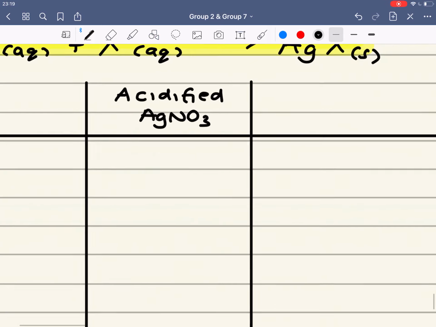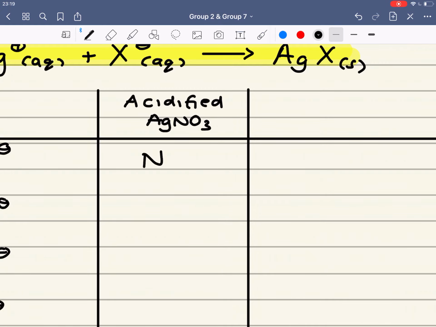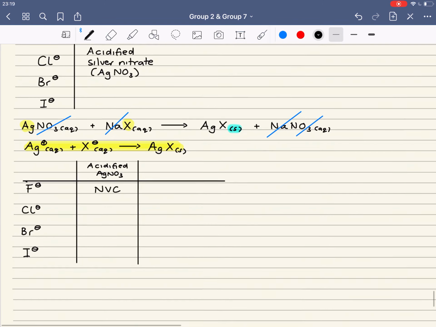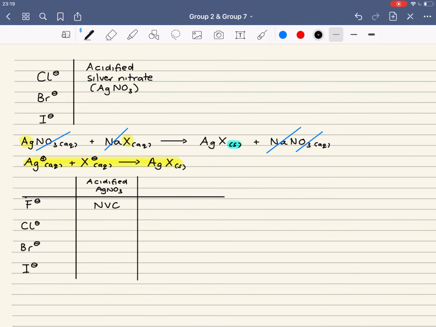Well, firstly, the fluoride ions would give you no visible change. There is no positive test for fluoride ions using acidified silver nitrate, and that's because AgF, silver fluoride, is soluble, so you will not get a solid precipitate formed, so there'll be no visible change.